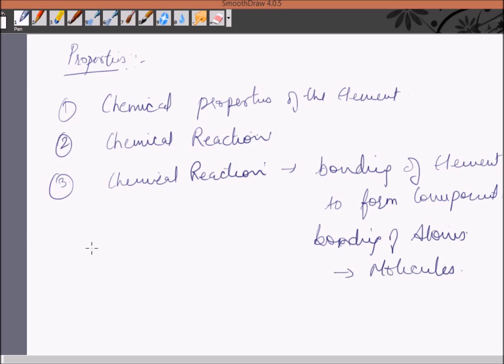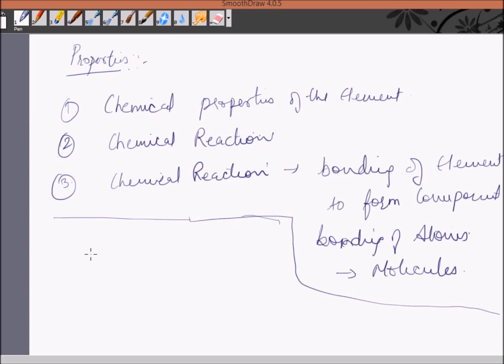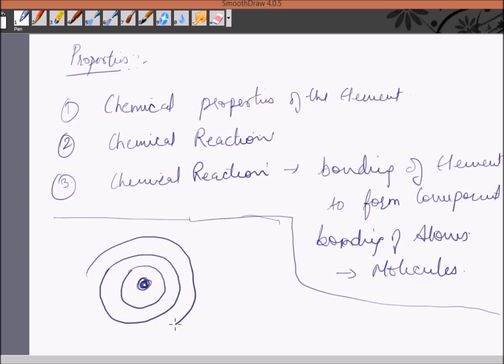And how do you represent the electronic configuration of the element and understand the valence electron? Like this. You just have to make circles depending on the electronic configuration.